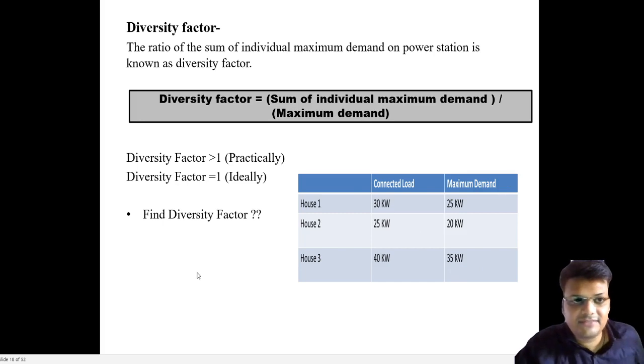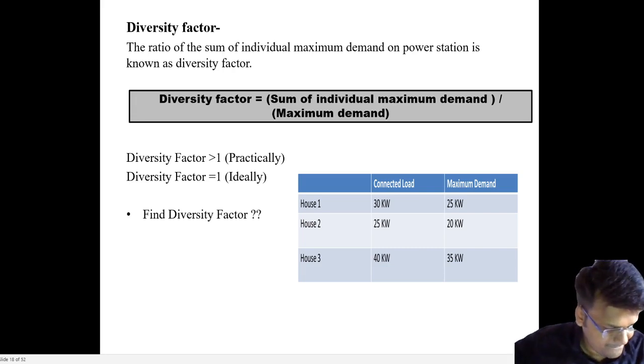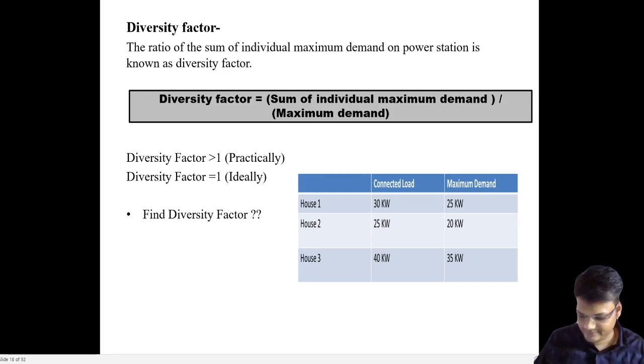So what is the diversity factor? Please calculate. 2.71. Harshika Chandra 2.71.